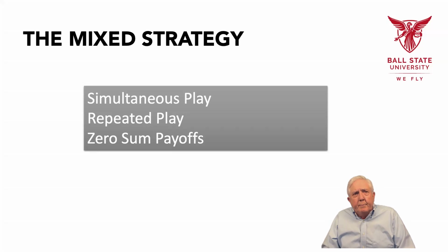If the play is not simultaneous, then the other player can simply wait until you've made your choice, then make whatever choice is most advantageous for them. But in a simultaneous game, let's say something like a soccer kick, the goalie and the kicker have to make their decisions without being able to get the other one to fully commit. And that means they have to make their decision simultaneously.